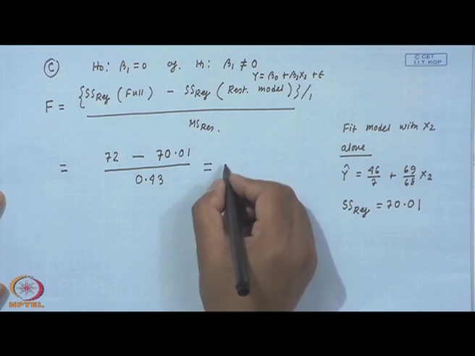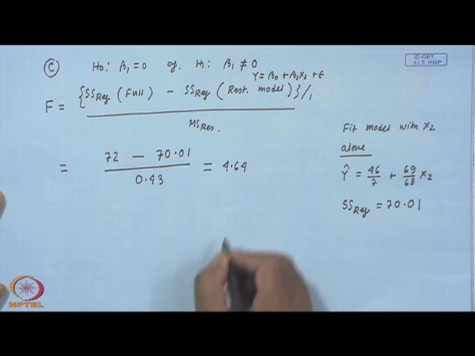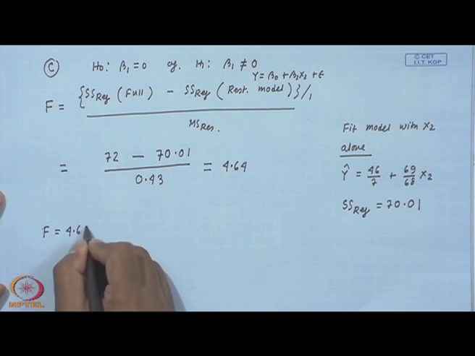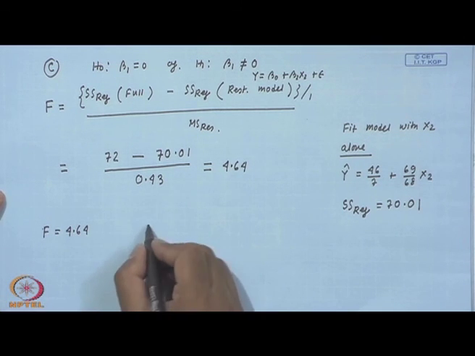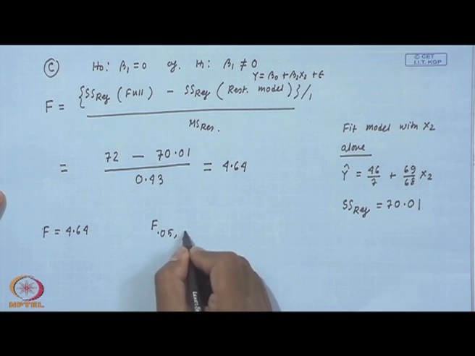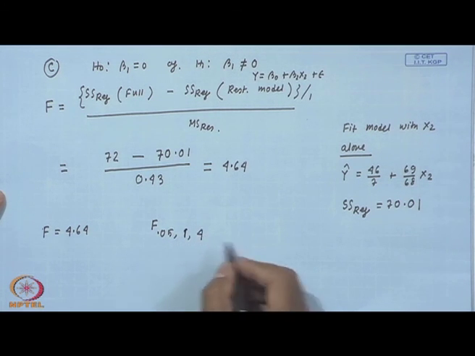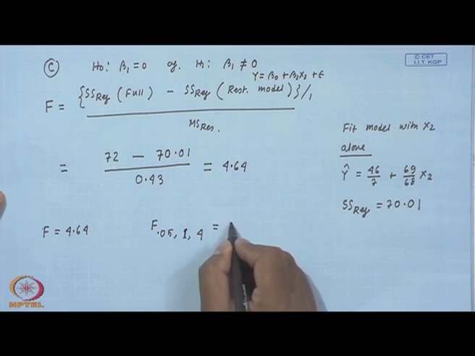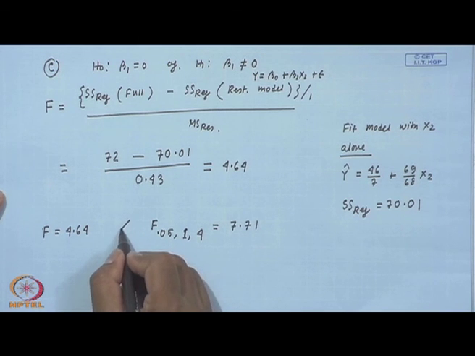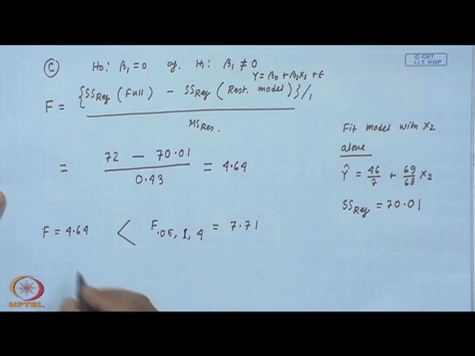So, this one is equal to 4.64. Now, you check, so your observed value is 4.64 and the tabulated value F 0.05, 1, 4 here, that is equal to 7.71. So, the observed value is less than the tabulated value. That means, H naught is accepted.